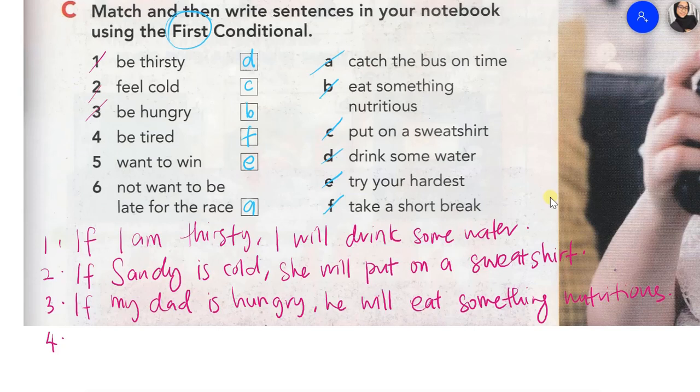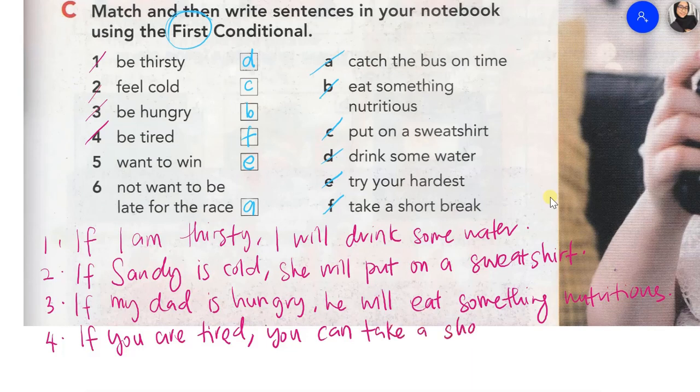Number 4. If you are tired, you can take a short break.